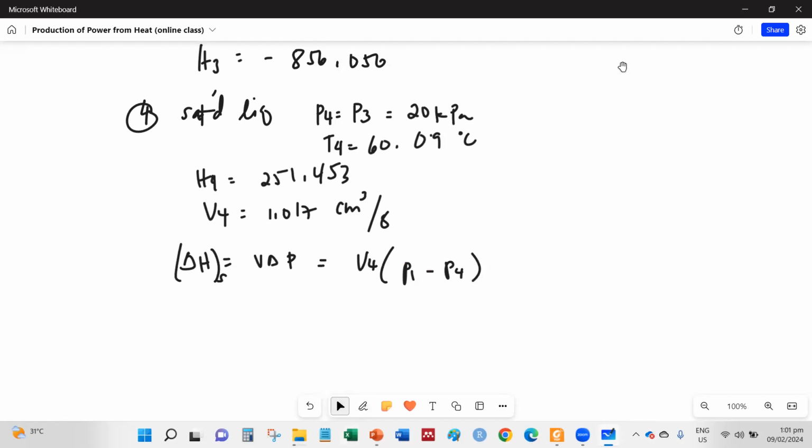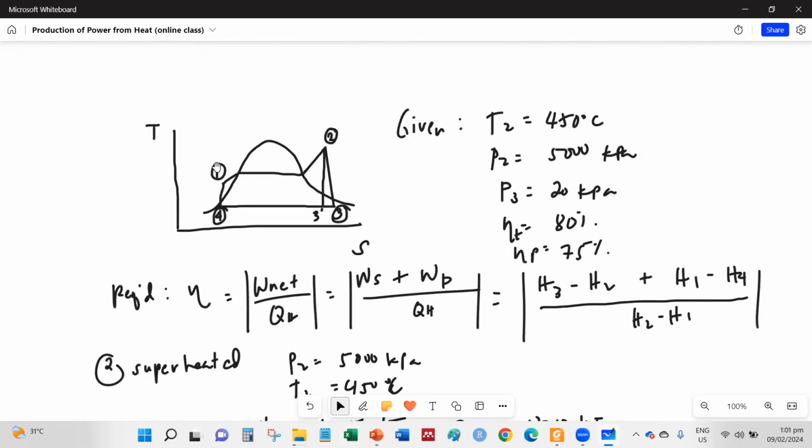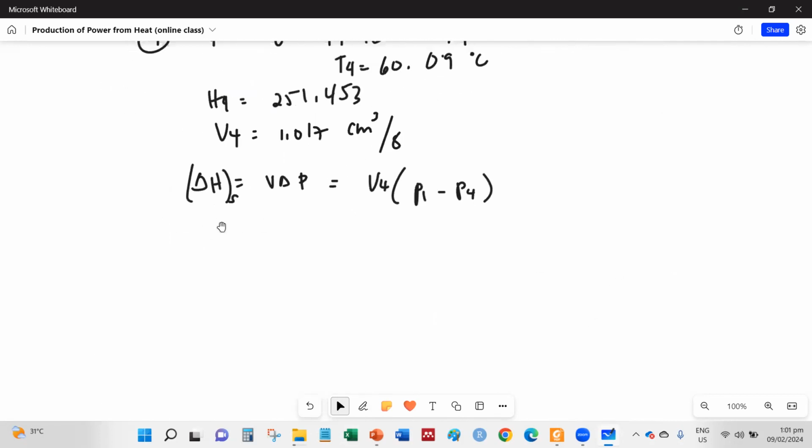Let's go back to the pump. This is it: V4 times P1 minus P4. So delta HS: convert this value to meter cubed per kilogram, which is 0.001017 meter cubed per kilogram.